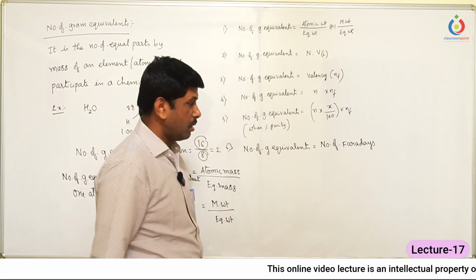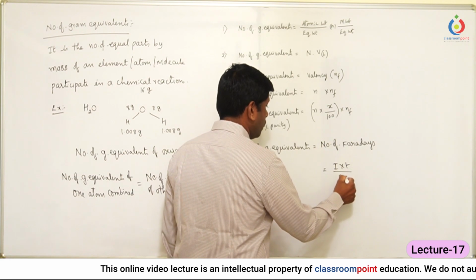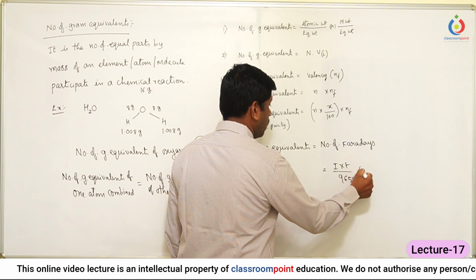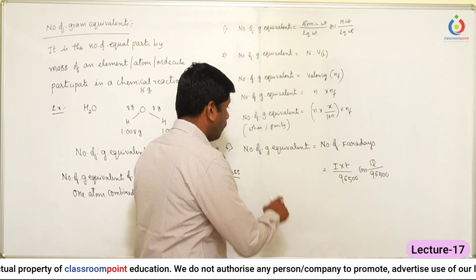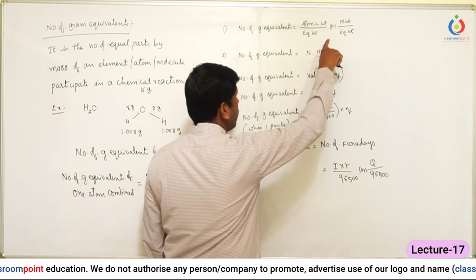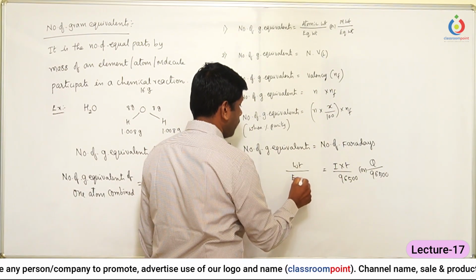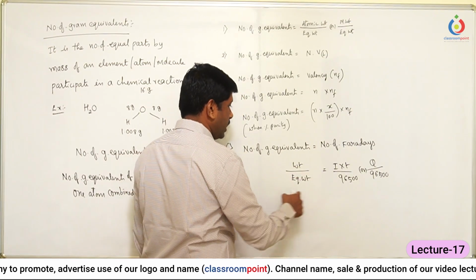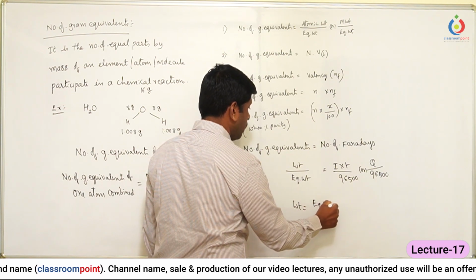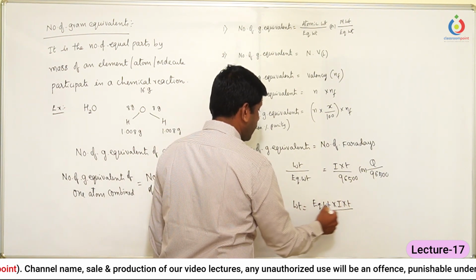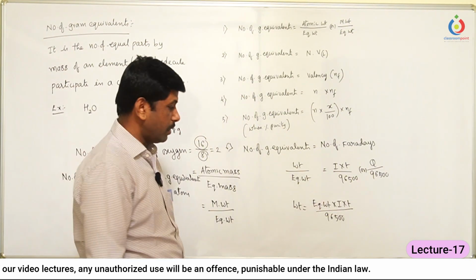So the number of Faradays formula: the number of Faradays means I into T divided by 96,500, or else you can take Q by 96,500. Whereas the number of equivalents means weight by equivalent weight. If you send the equivalent weight to the other side, weight is equal to equivalent weight into I into T by 96,500, which is the formula of Faraday's first law.